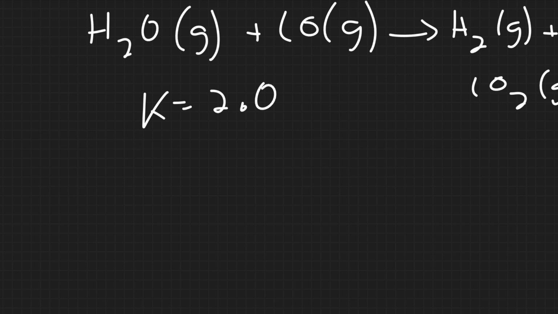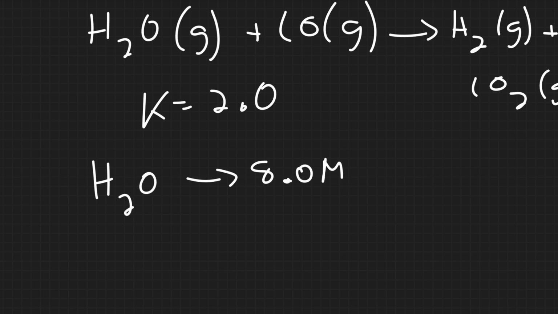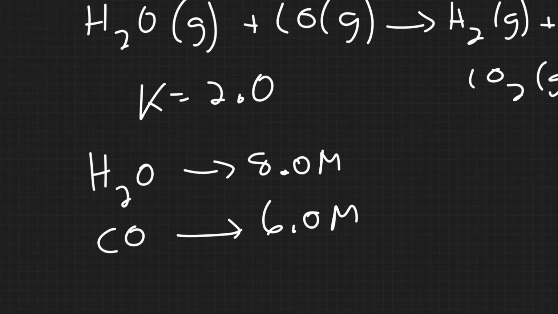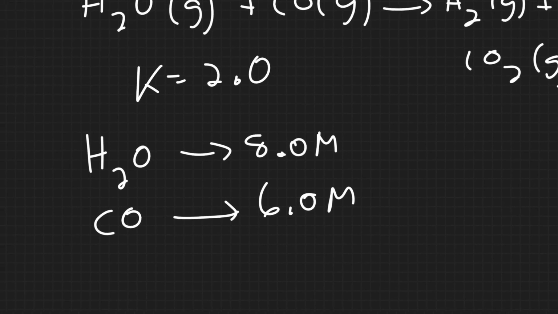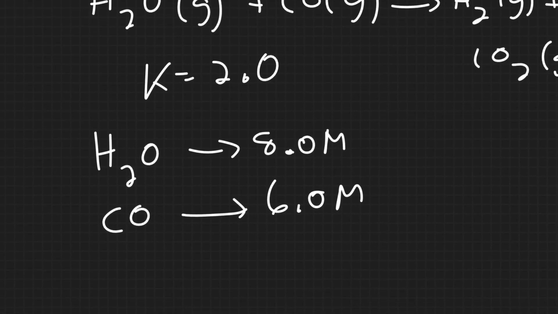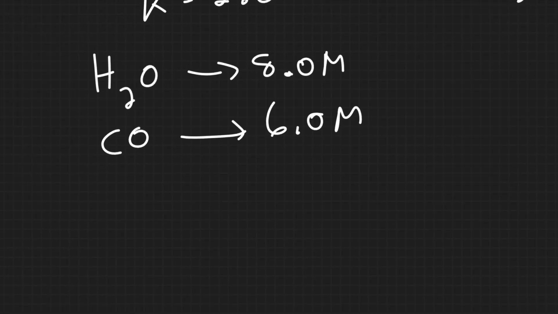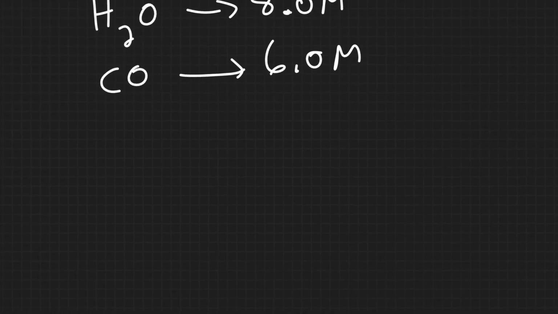Our starting concentration of H2O is 8.0 molar, and our starting concentration of CO is 6.0 molar, and we need to figure out the rest of the concentrations at equilibrium. So how I'm going to do this is I'm going to set up an ice table. So what is an ice table? If you know how to do an ice table, I encourage you to pause and try this yourself.